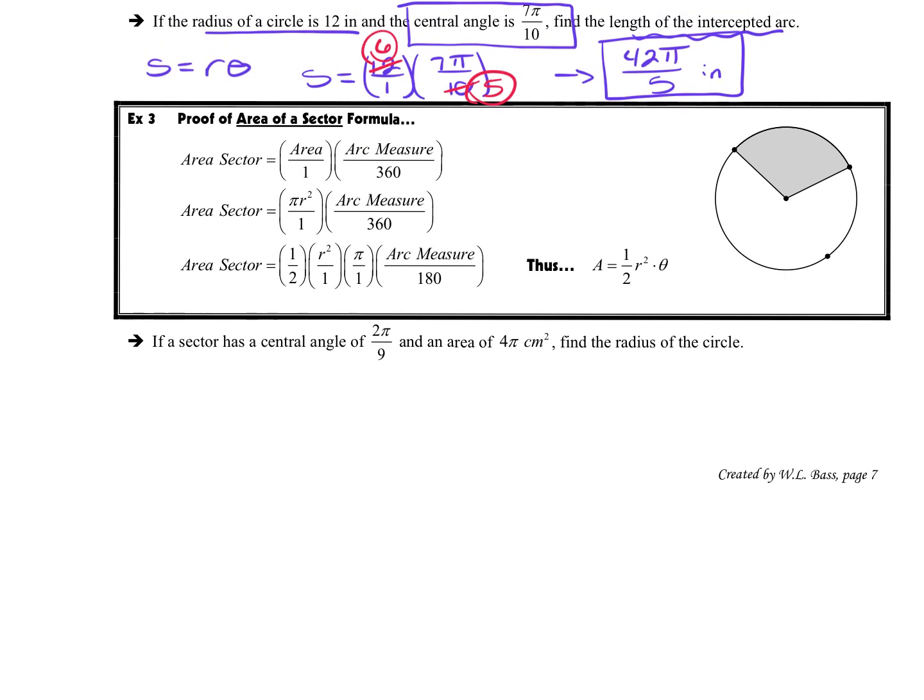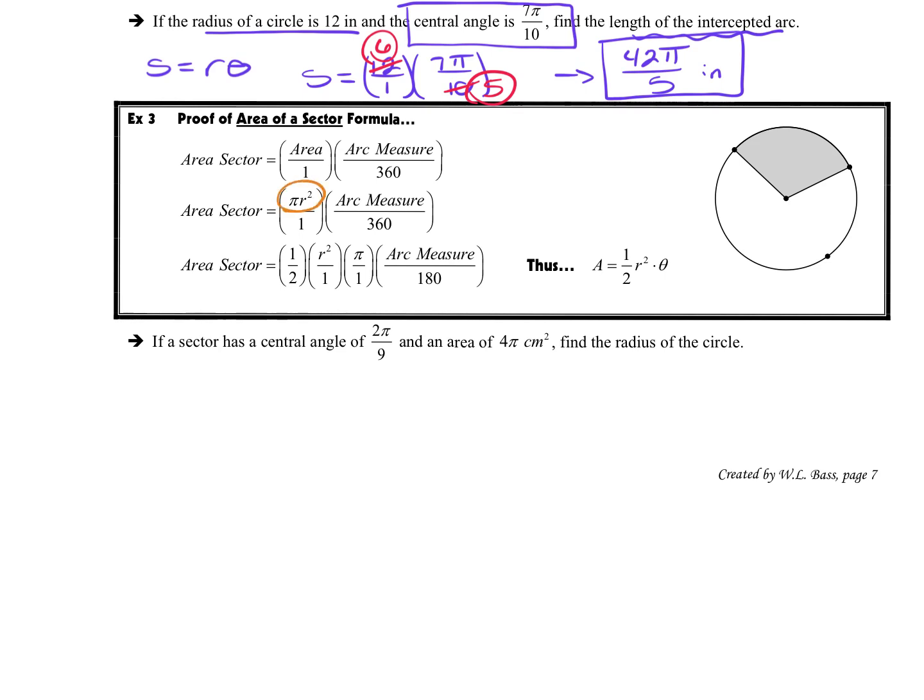We're going to do a similar process with the area of a sector. Remember, the area of a sector is going to be a shaded region here. So we're going to do the same thing. Area of our sector is still going to be a portion of the circle, but now it's times the area. So same idea, we took area and just replaced it with its formula of pi r squared.